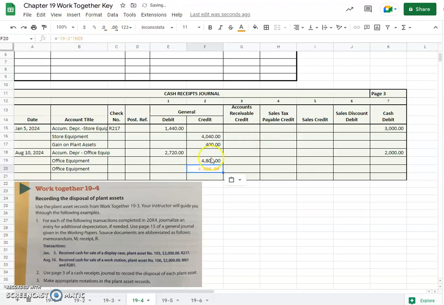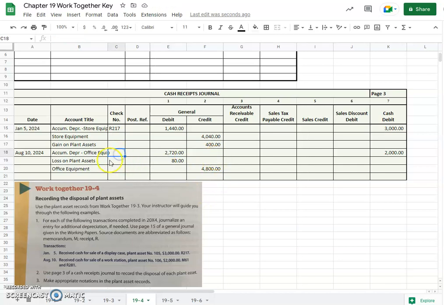Copy, paste. Down there, perfect, delete. And I don't like what happened with our formatting. There we go. So now, the loss on plant assets is going to be your one credit minus your debits, an $80 loss.